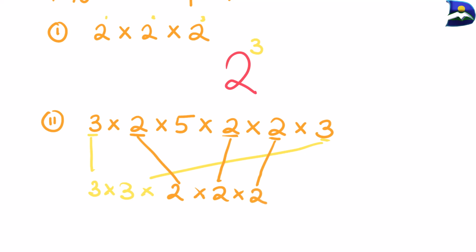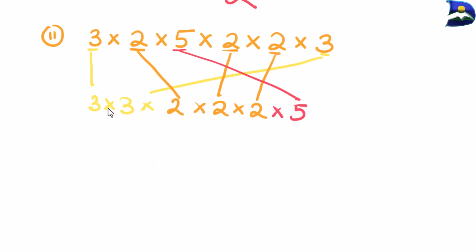And then finally we have our number, which is 5, and this 5 is going to be times 5. Once you're able to classify these based on the same basis, now we can set them up to look like our power form. 3 times 3 is the same thing as saying that the repeating number is 3.